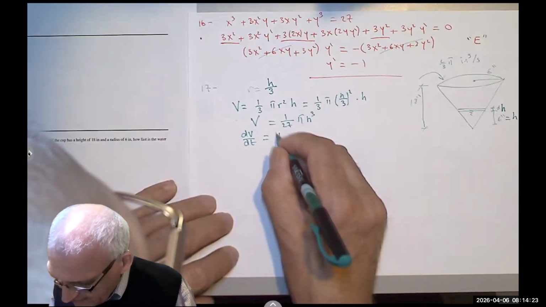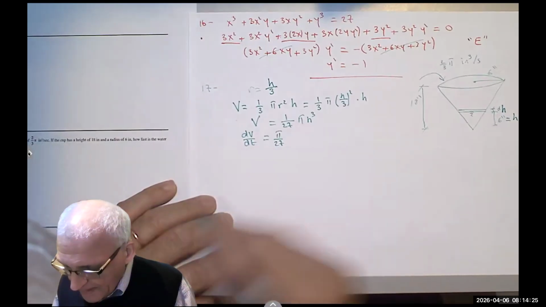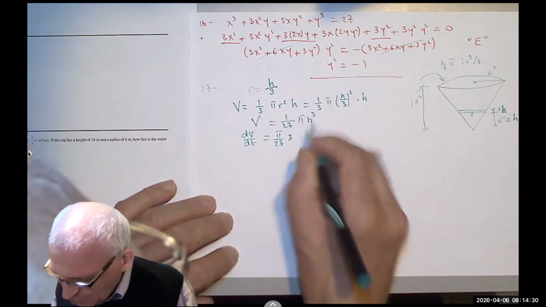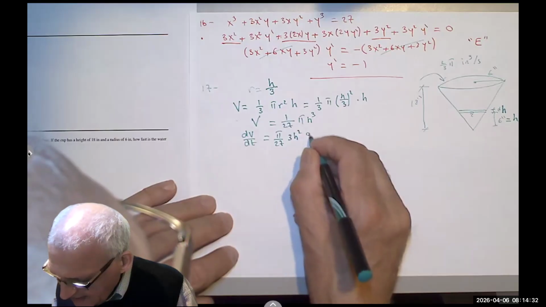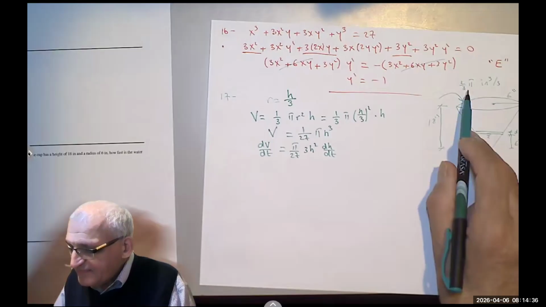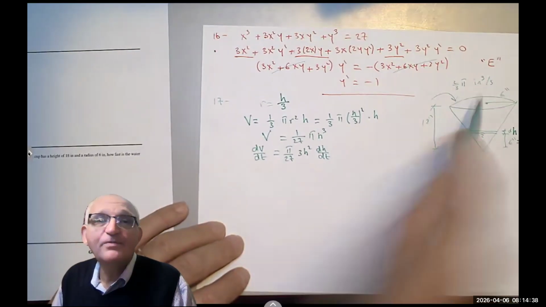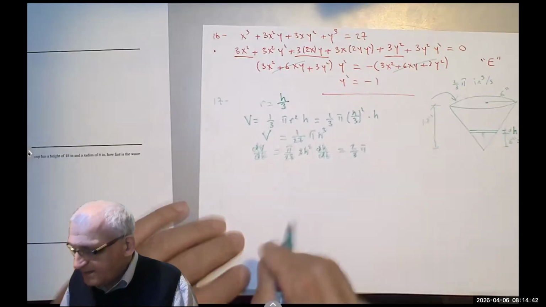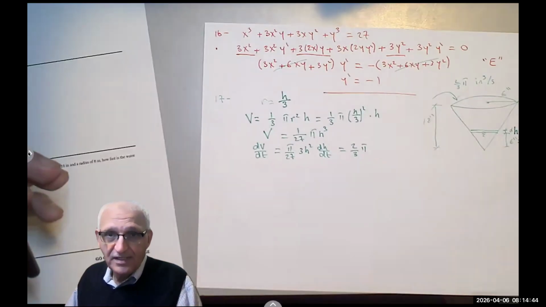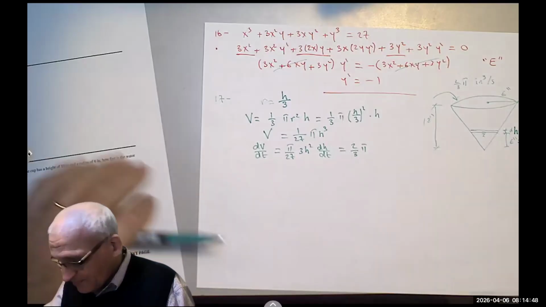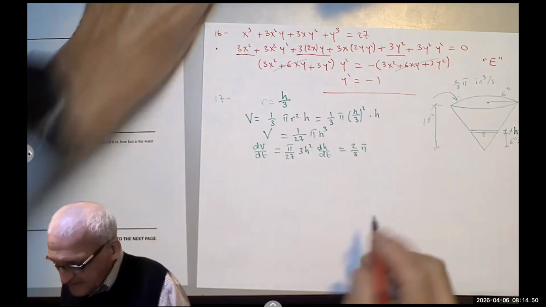Pi over 27 is a constant, and the derivative of h cubed is 3h squared dh dt. But they give me dV dt is 2/3 pi, so I equate that to 2/3 of pi. So you see how we relate them.